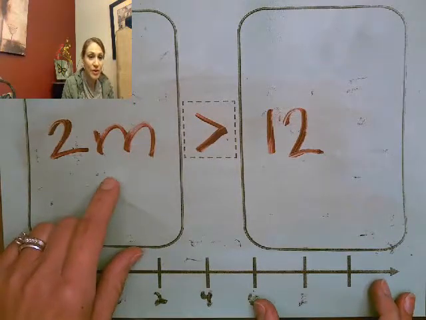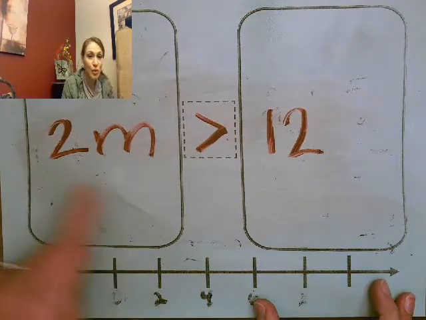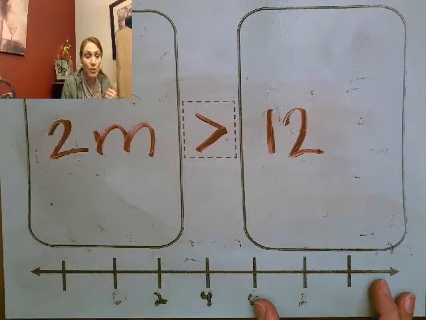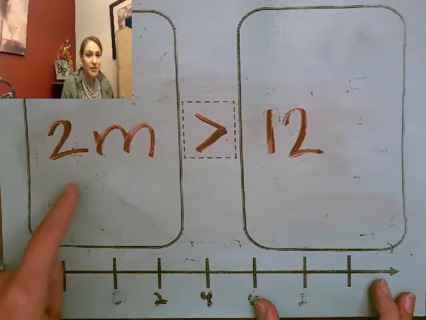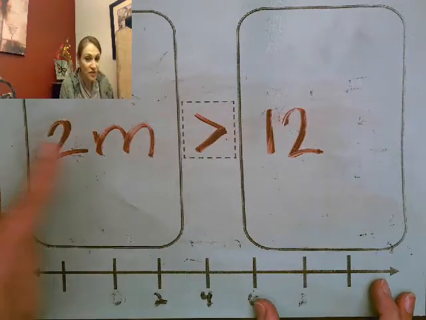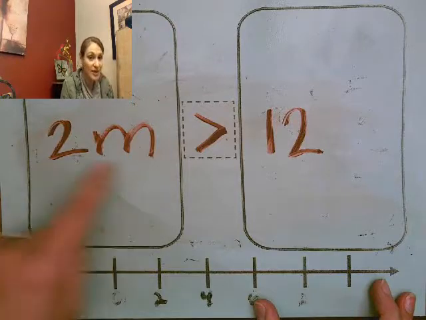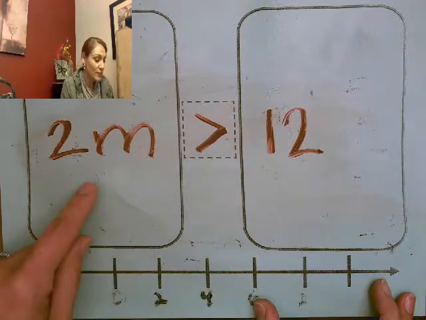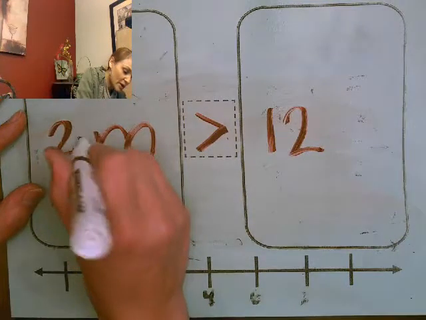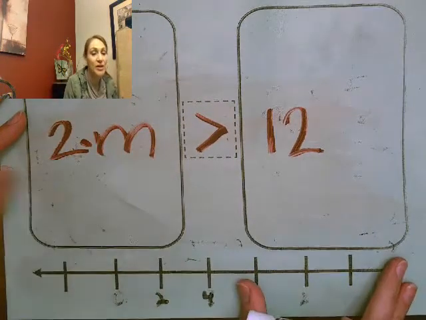Now I need to determine what operation is going on between the 2 and the m. Remember, when we talk about operation, are they adding, subtracting, multiplying, or dividing? Well, when you have your coefficient next to a variable, that is multiplication going on between those two. So if you have to, put a dot there so it can remind you what operation they're actually doing.